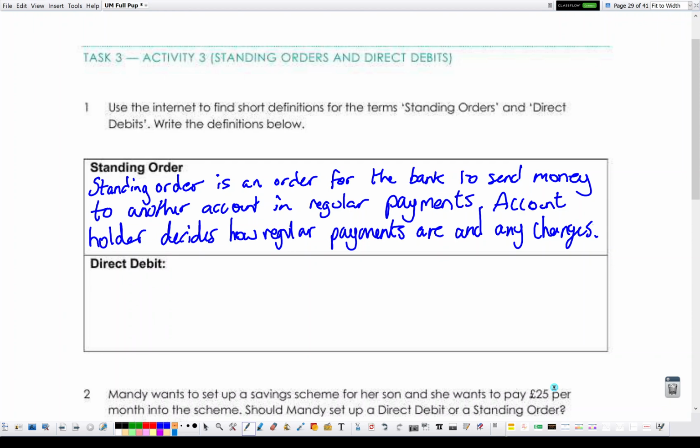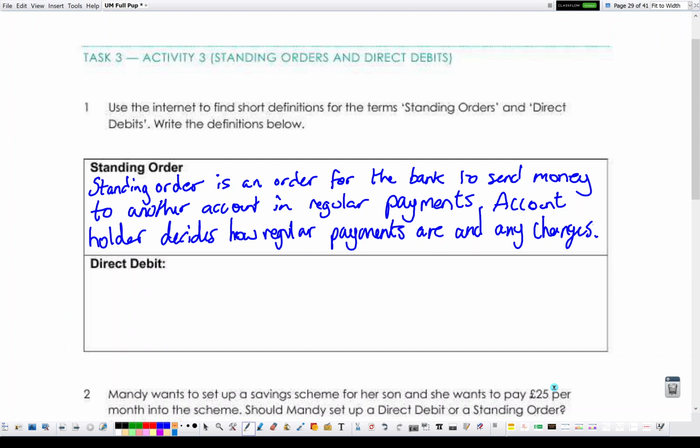You set up a standing order at the bank. This is typically what you would do if you were sending money to a friend or a family member regularly. For example, if your mum and dad set up a standing order to give you pocket money, or give you money each week to put in a savings account for you to save up, that sort of thing, that would be a standing order.